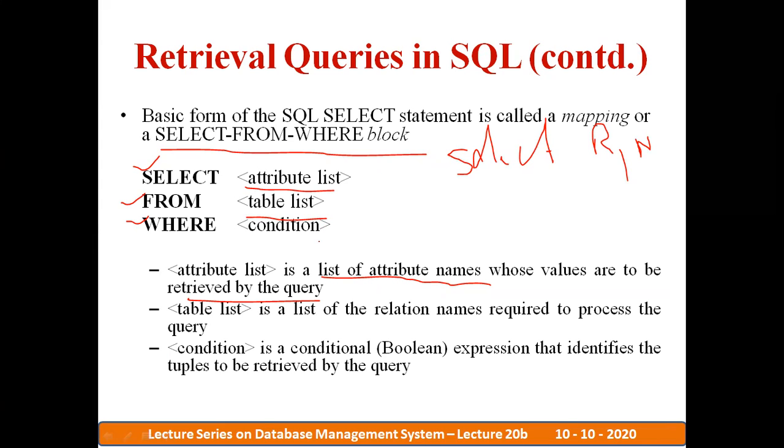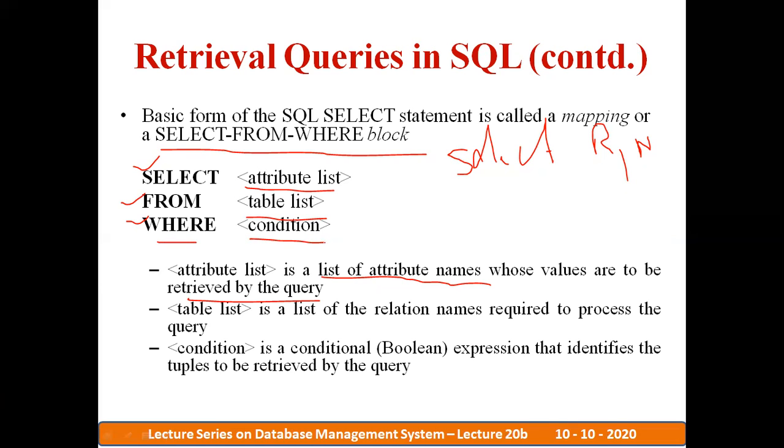In this case, for displaying the roll number and the student name, only one table is enough, that is student. So I will write select roll number, name from the table called student.